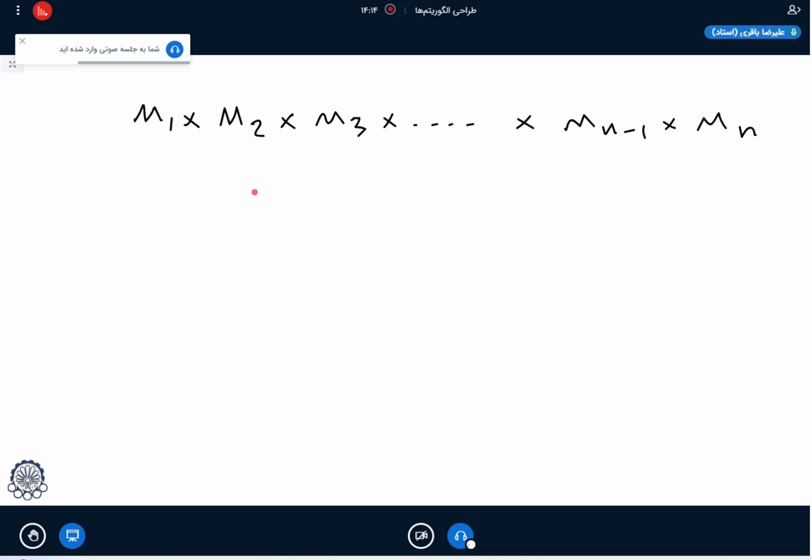So the example or the problem that we consider here is matrix multiplication. We are going to multiply some matrices.